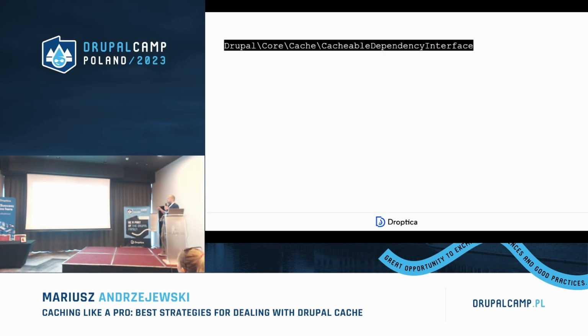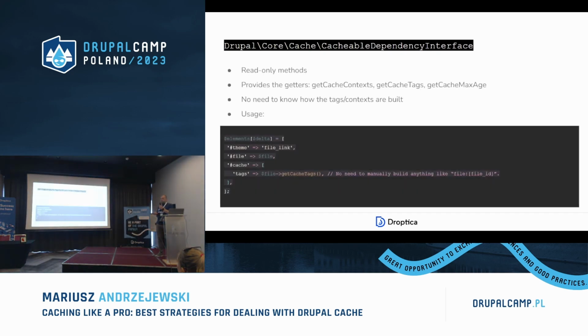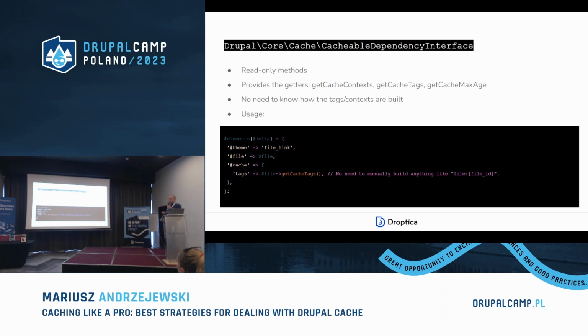The first that I'm going to introduce is the cacheable dependency interface. This is very basic, very simple. It provides only getters, so by using these methods, we can easily get the tags, contexts, max age, and so on. Here we have an example with a file entity. All the entities in Drupal implement this interface, so we can easily get the cache tags. We don't need to know the structure.